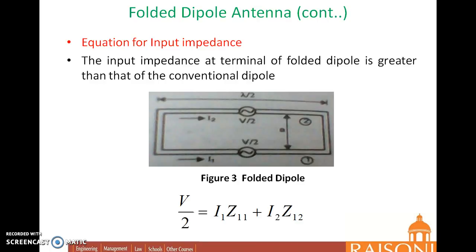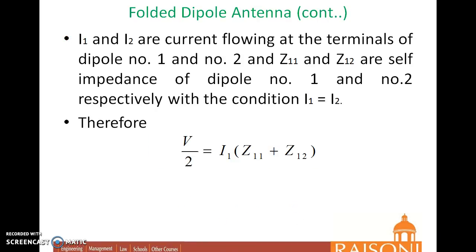So the half wave dipole will get the input impedance as 75 ohms. In this case, that is in the folded dipole antenna, you will get it as 150 ohms.